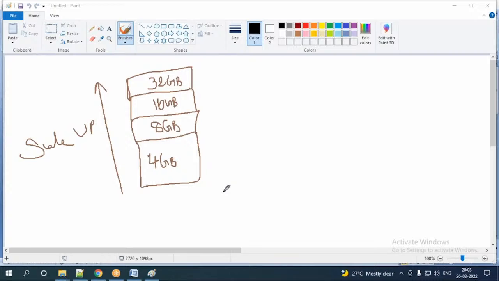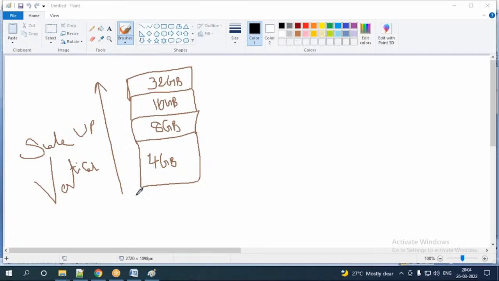Scale up is otherwise called vertical scaling. It means I improve from one configuration to another, up to the level that my motherboard or chipset supports. That is called vertical scaling, or scale up.